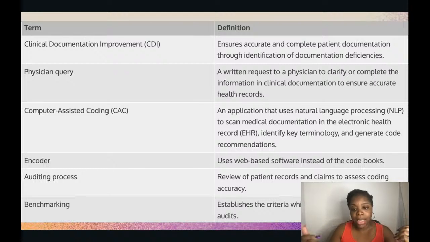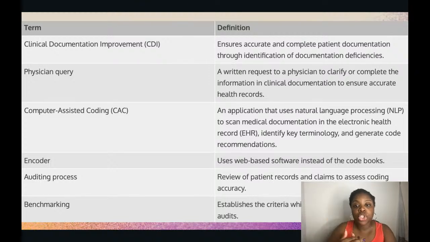And benchmarking, which is a very popular word on this exam, RHIT and RHIA, is connected with the auditing process. When the consultant is reviewing these records and trying to assess accuracy, they need to know what standard you're trying to meet.